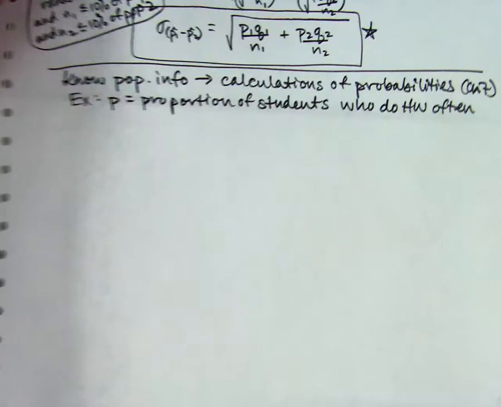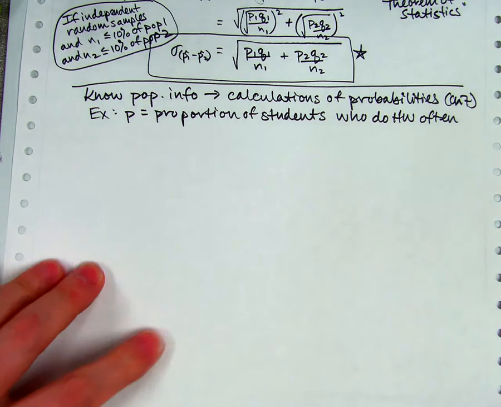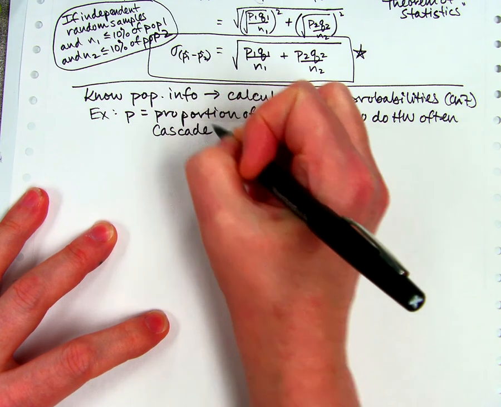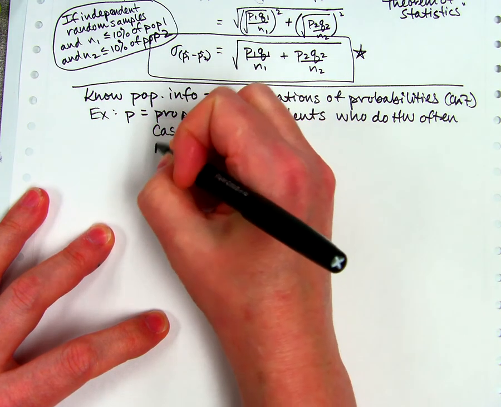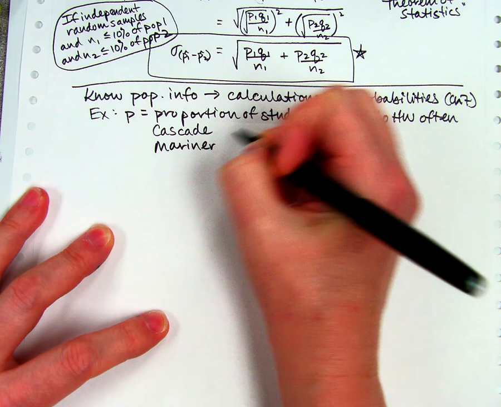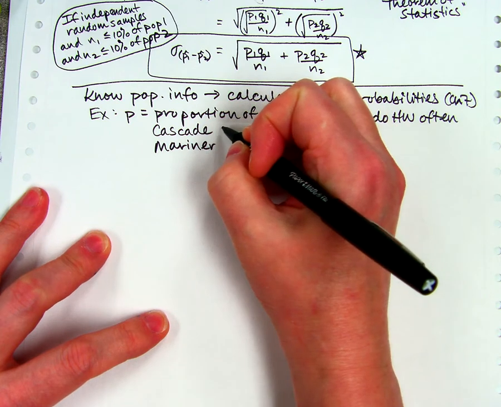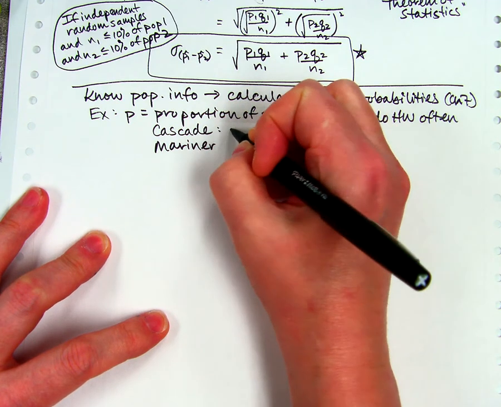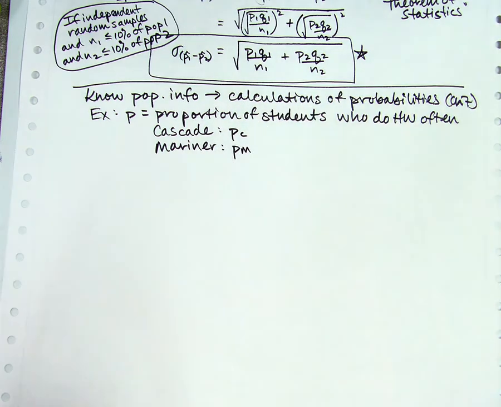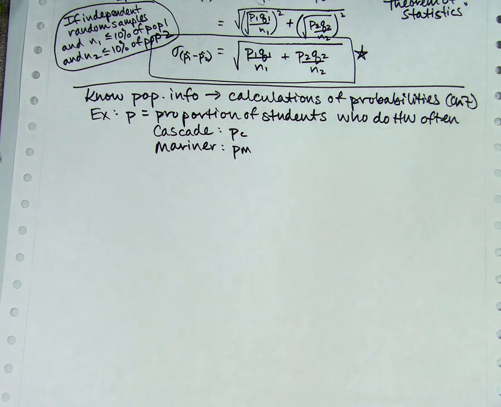All right. And let's say our two populations are Cascade High School and Mariner. I'm going to say Cascade is better than Mariner. I'm prejudiced, I know. Instead of using P1 and P2, I'm going to call it PC and PM because it makes it really clear what I'm talking about.